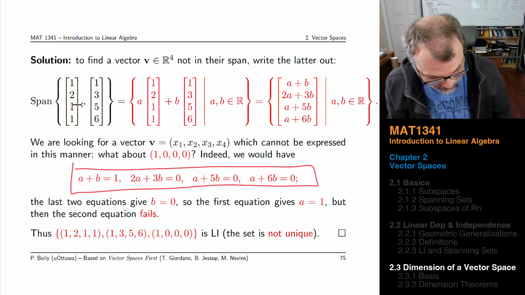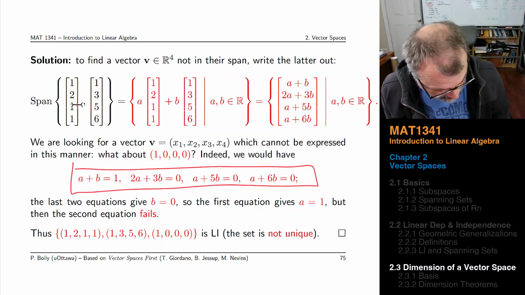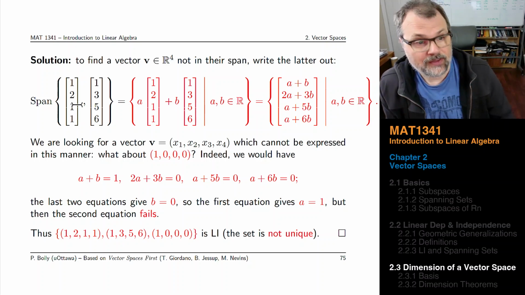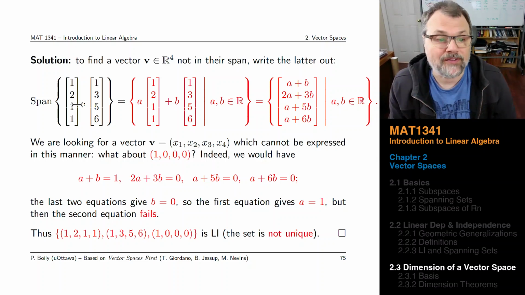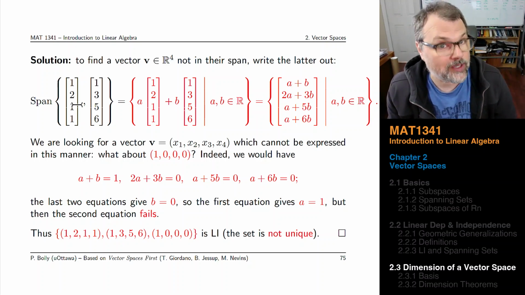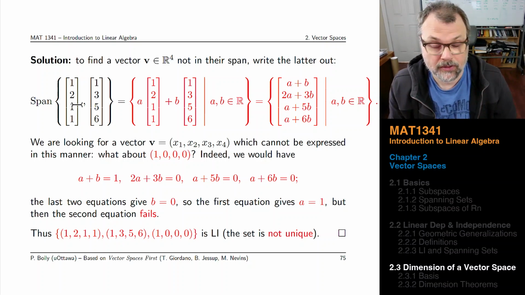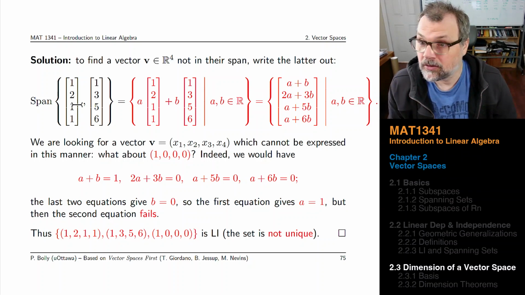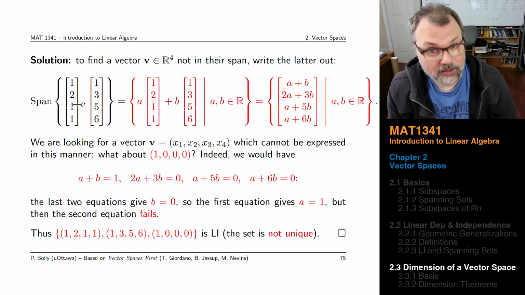So that means, according to the theorem that we've seen in the previous section, that the set (1, 2, 1, 1), (1, 3, 5, 6), and (1, 0, 0, 0) is linearly independent. But it's not the only set where that's the case. You could replace the last vector (1, 0, 0, 0) by (2, 0, 0, 0). That's also not the only possibility.